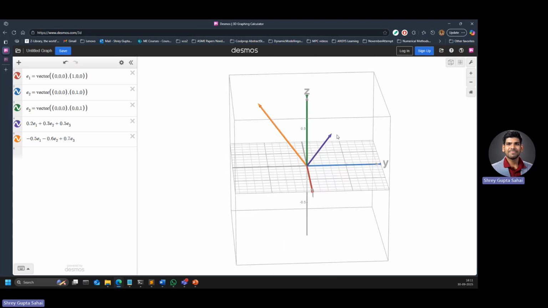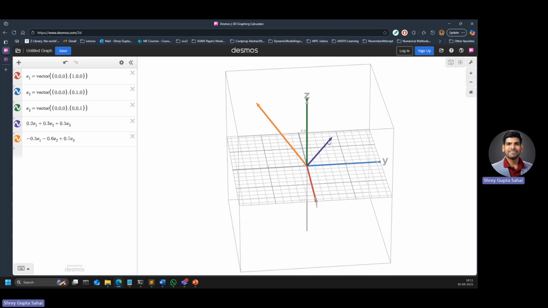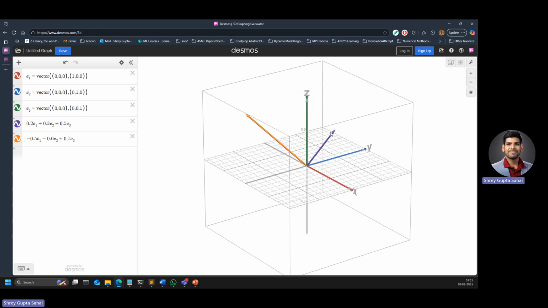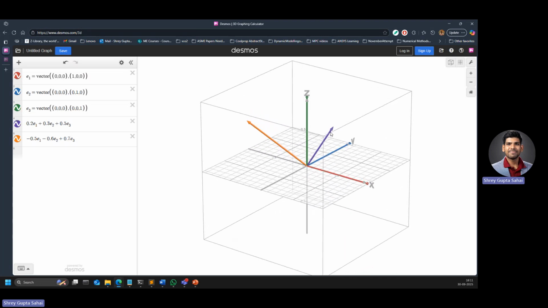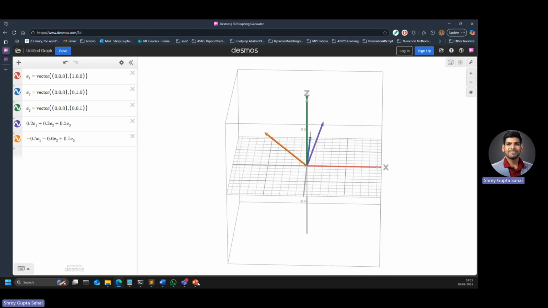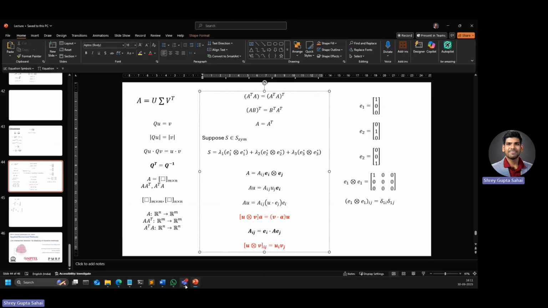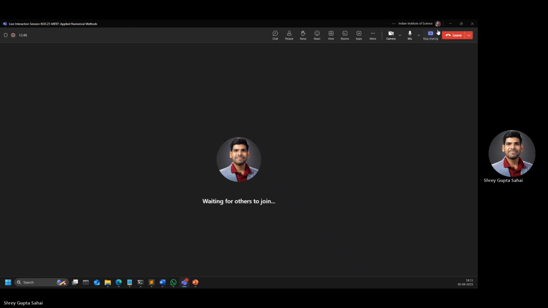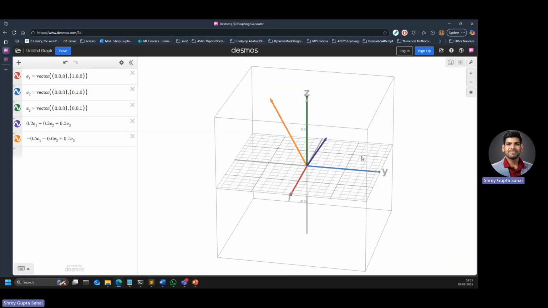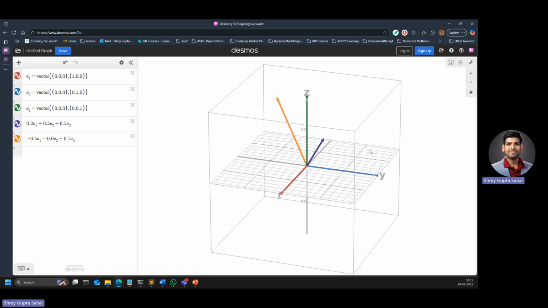So you can actually visualize vectors, but the trouble is in visualizing matrices, and this is where matrix decompositions, like the SVD or other kinds of decompositions I was discussing, come in. If you want to visualize matrices, then matrix decompositions are your go-to way.